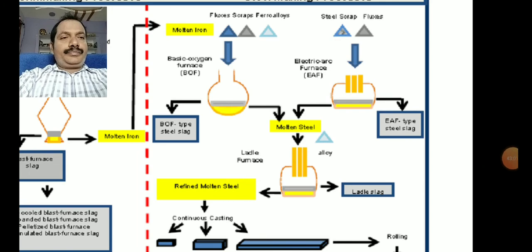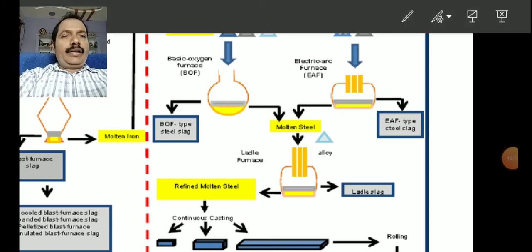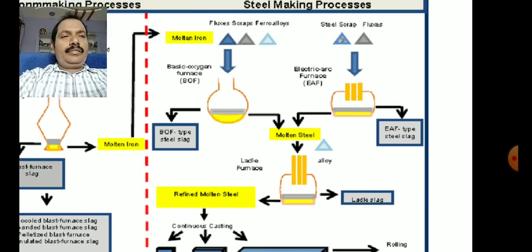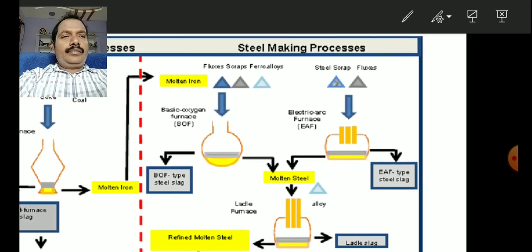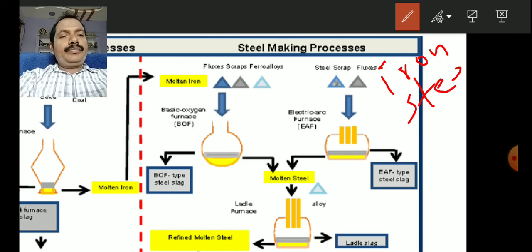So observe here, 25 to 30% of the scrap, that is iron scrap or steel scrap, is added into the furnace.